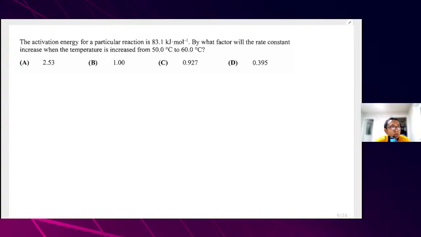The concept being tested here is the Arrhenius equation, which is k2 over k1 equals e to the power of Ea over R times (1/T1 minus 1/T2).